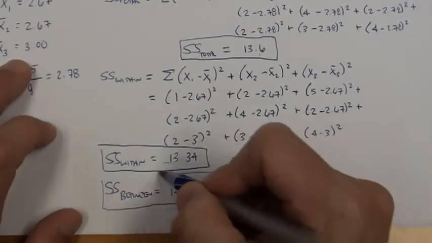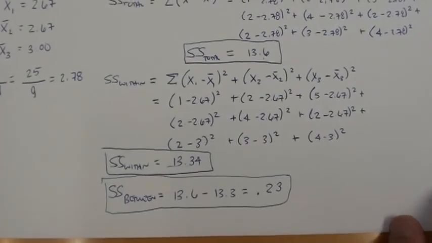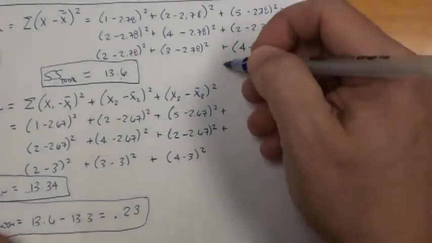Sum of squares between 0.23. And so with that, we now have completed step 3 of this process. And so now we only have 2 steps left, and we'll put it over here.